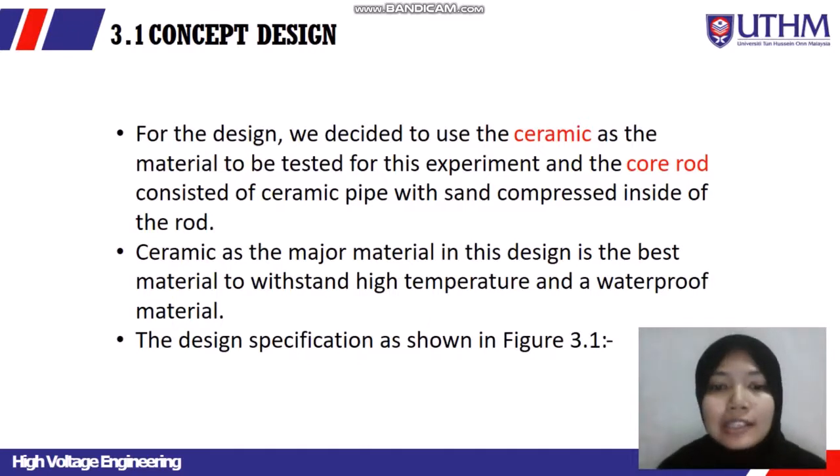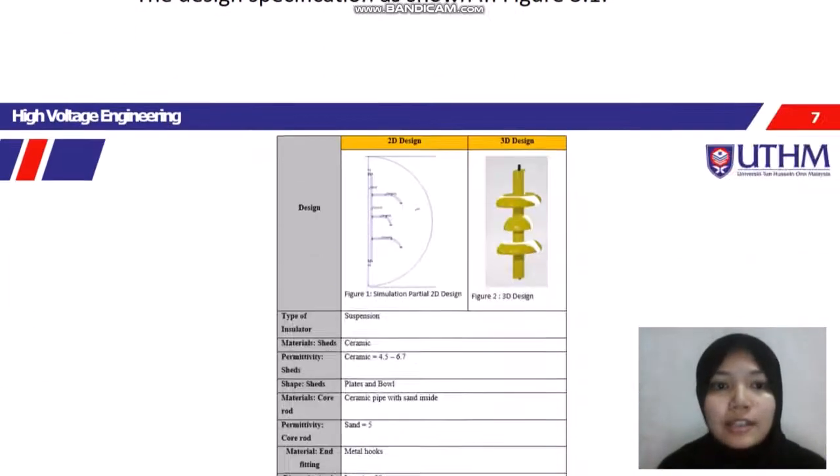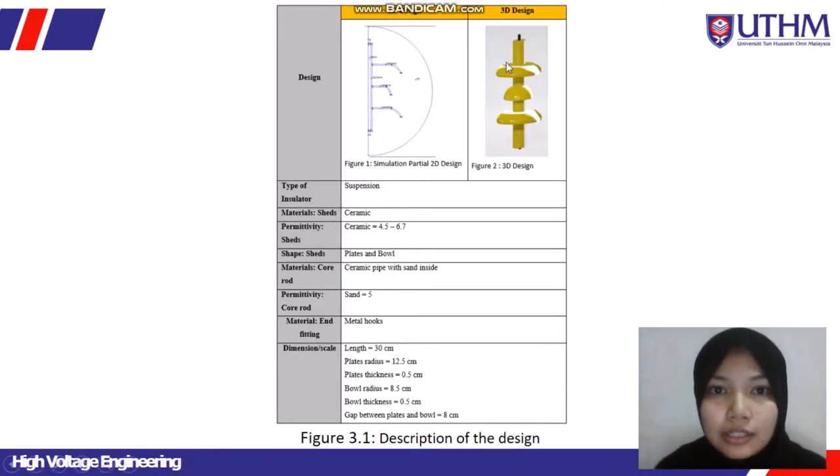So the design specification for this project is as follows, in which this is the 2D design and this is the 3D design. We designed this in FEMM software. The type of insulator is suspension and the material for the sheds that we use is ceramic.